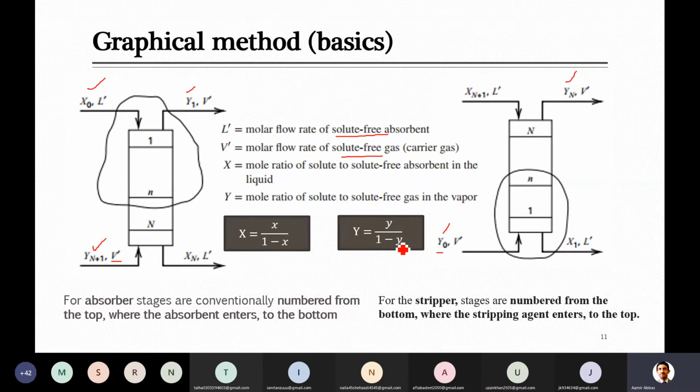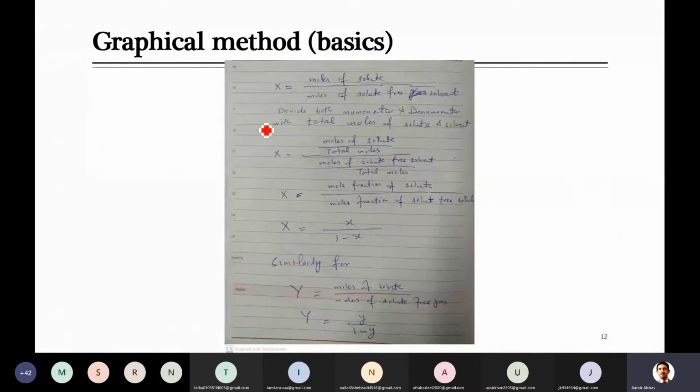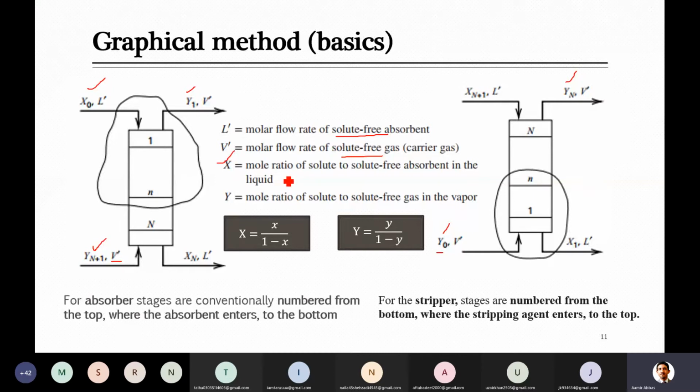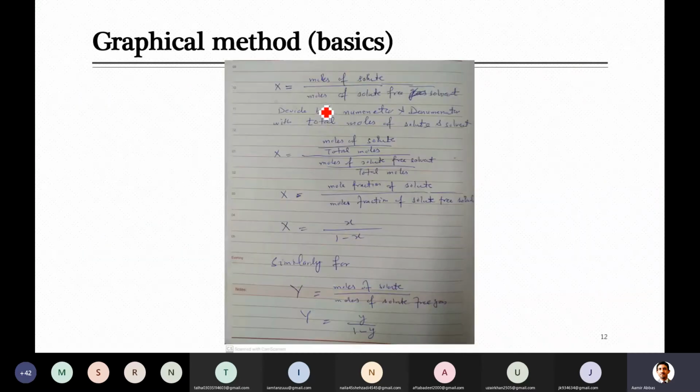So let's look at how it appears from the main equation. When we defined X or Y, X capital is moles of the solute divided by moles of solute free solvent. As you can see here, I have written the equation. I just want to look at how the moles get converted to the molar ratio. So I have divided both numerator and denominator by the total moles of solute and solvent.